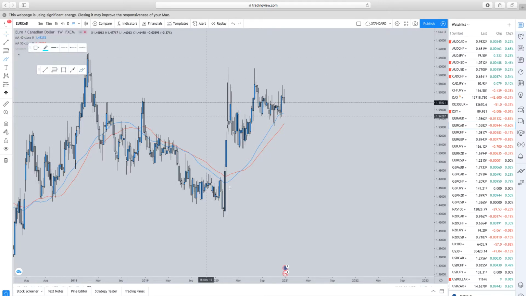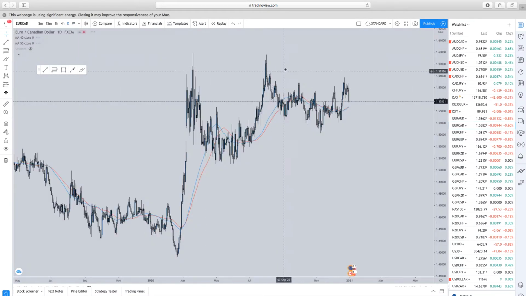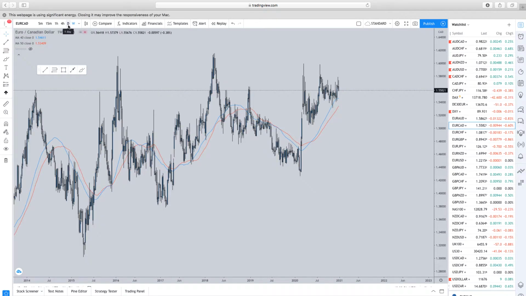Nice M form in here. Well, possibly something like this.